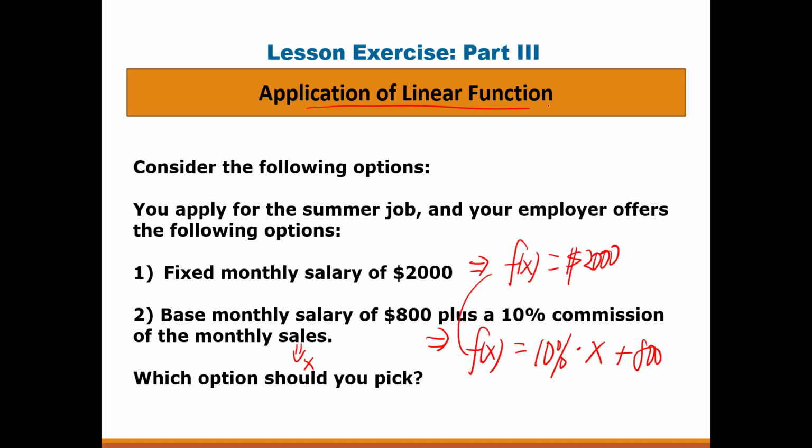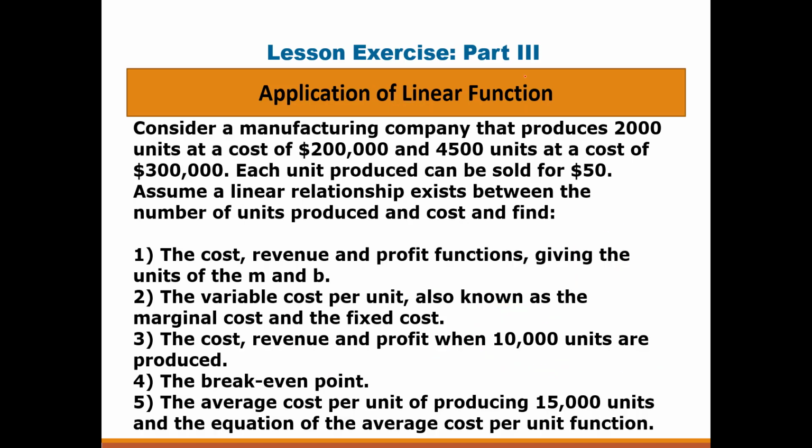Okay. All right. So now the last question, one more time: a manufacturing company produced 2,000 units at a cost of $200,000, and 4,500 units at a cost of $300,000. Each unit produced could be sold for $50. Assuming a linear relationship exists between the number of units produced and the cost, we find cost, revenue, profit functions, given units of slope and y-intercept: the variable cost per unit, also known as marginal cost, and fixed cost.